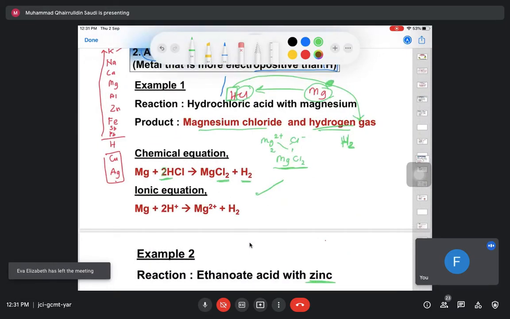Okay. Next one, ethanoic acid with zinc. So bila zinc, so we know that it is metal. So acid plus metal, we will have, good, salt and hydrogen gas. Okay. So ethanoic acid with zinc. Can you name the salt?